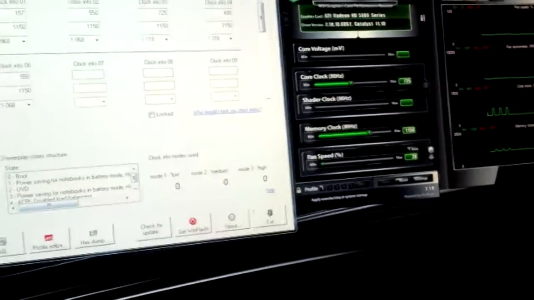So let's just flash this thing in again. And we'll see if we can basically be at 1150 and live with that. My guess is that yes, we can, but we're going to see.